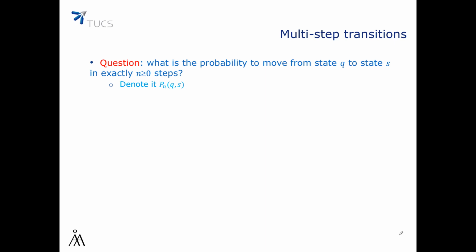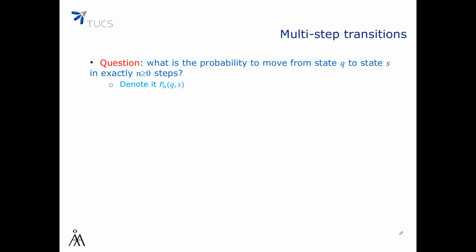And here is how to reason about this when n is larger than 1. I need to go from Q to S in exactly n steps. So let's make the first step from Q to some state R. Now, state R can be any state of the model, and the jump from Q to R is dictated by matrix P. And then I will make a transition in n-1 steps from R to S.